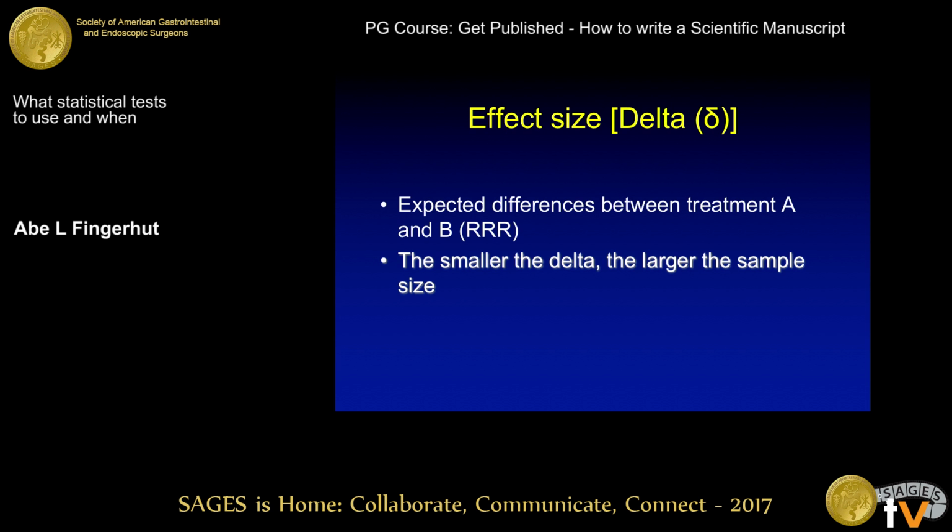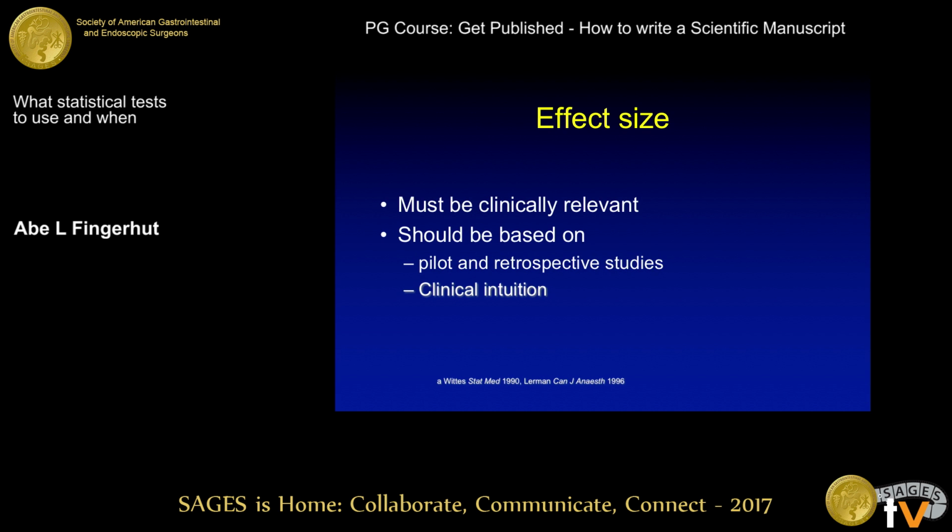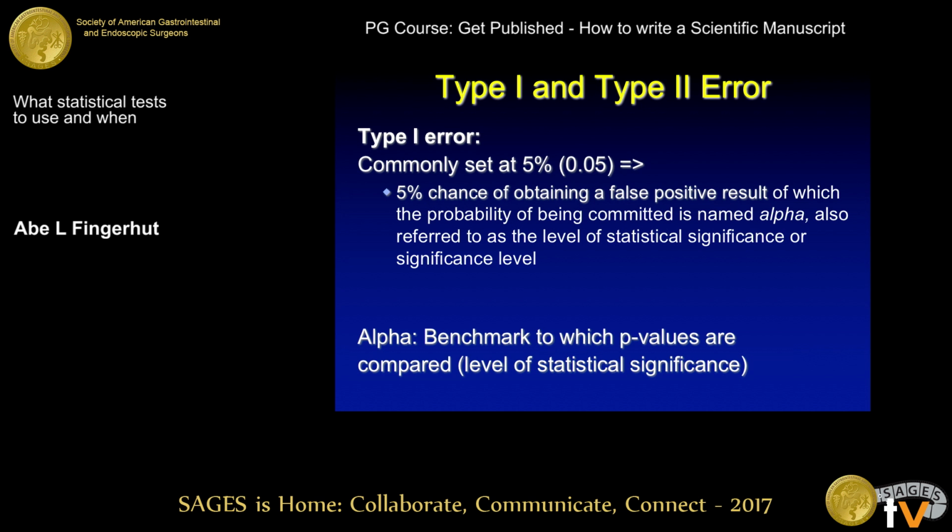It depends on the expected difference, the delta, in other words, what you expect to prove or to improve. And this effect size, this delta, should be something clinically relevant, either based on retrospective pilot studies that you've done before, or clinical intuition, doesn't matter. And then you enter the type 1 and the type 2 errors.